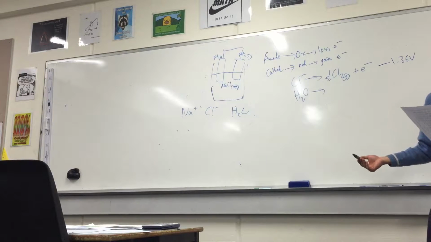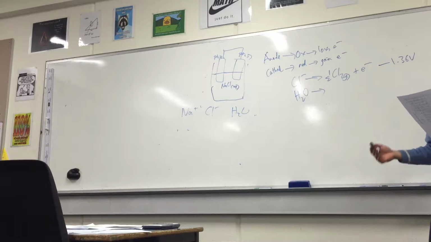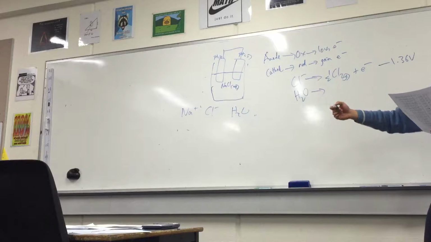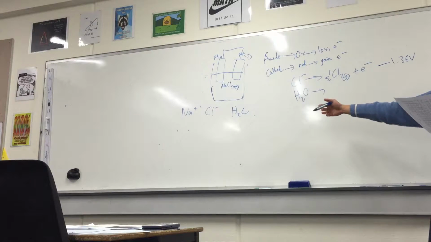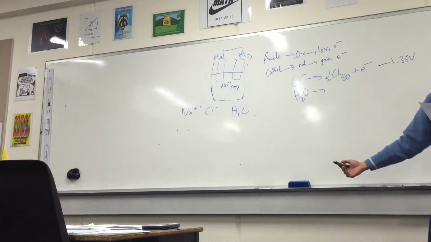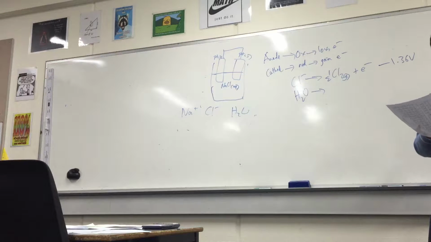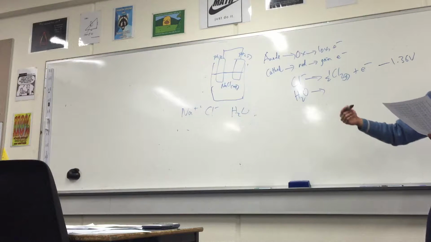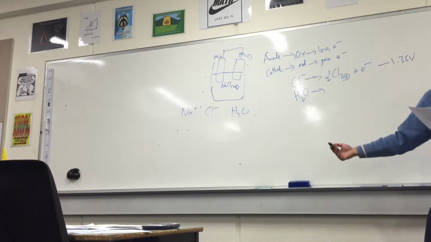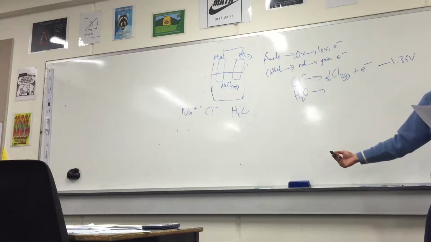So people say, how come I can't use the one above, with 0.83 volts? That doesn't work, because that's H2O plus electrons becoming half H2 plus OH-. Clearly that's reduction of water. And then people say, why can't it go the other way, as oxidation? That would be the oxidation of half H2 and a hydroxide, so it's not going to be that reaction, because I don't have hydrogen gas and hydroxide.